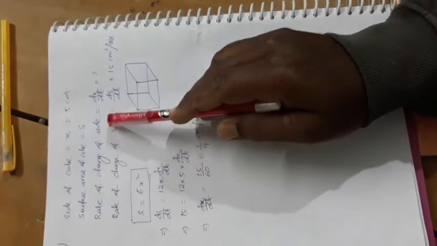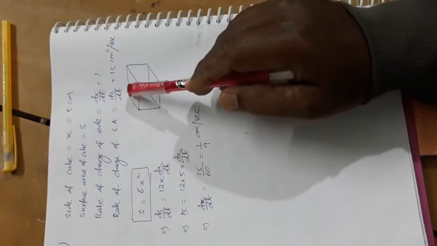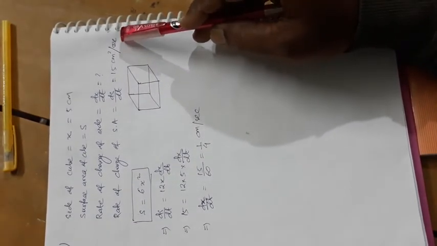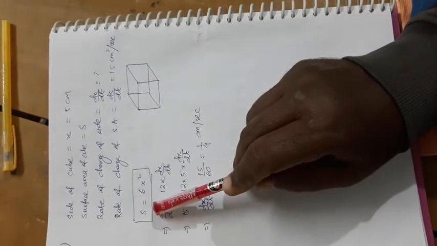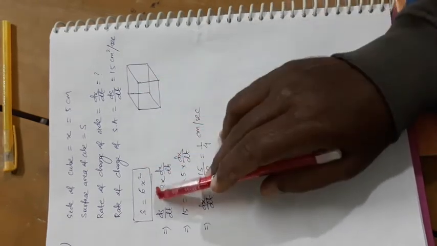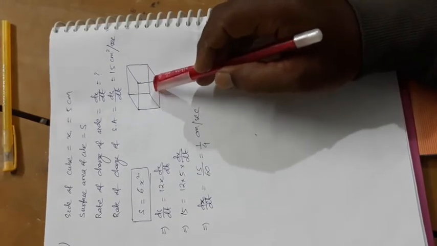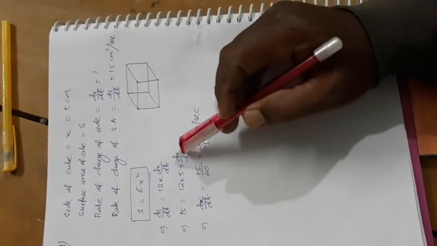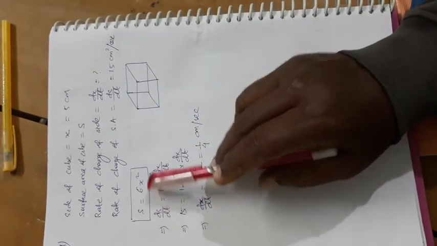The rate of change of side is dx by dt, and the rate of change of surface area is dS by dt, which is equal to 15 centimeter square per second. And we know the surface area of the cube is 6x square, because the area of each face is x into x, that is x square, and there are 6 faces.